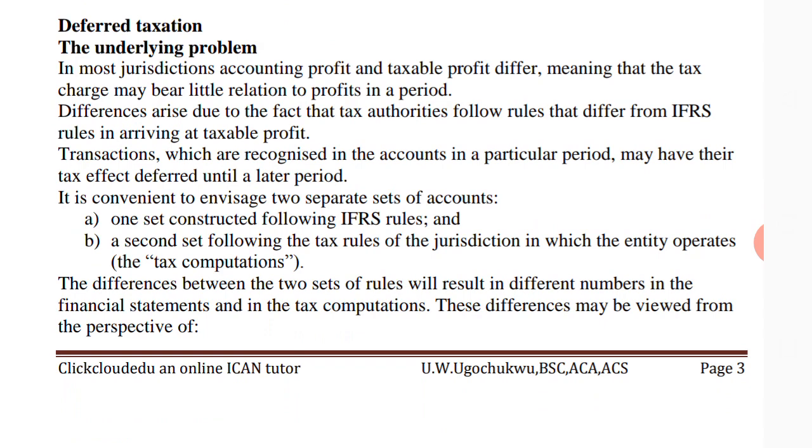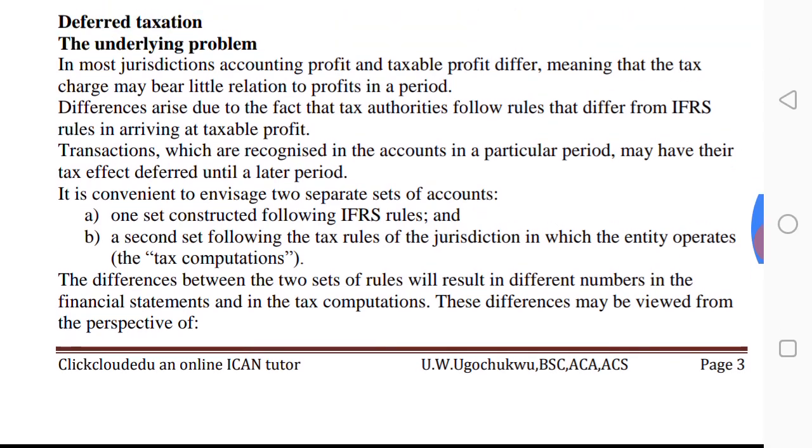Today I won't bore you with explanation. You read the note, then you understand more of what I'm trying to say. But we're going to look more at the calculation aspect of deferred taxation.